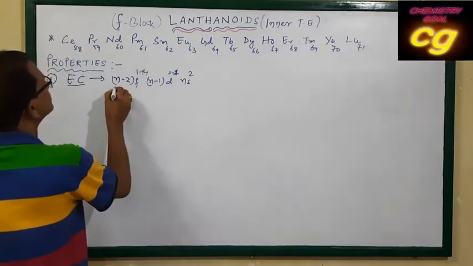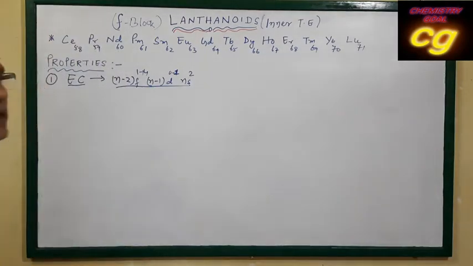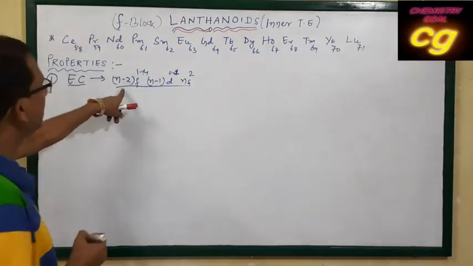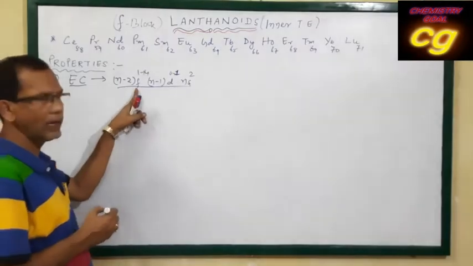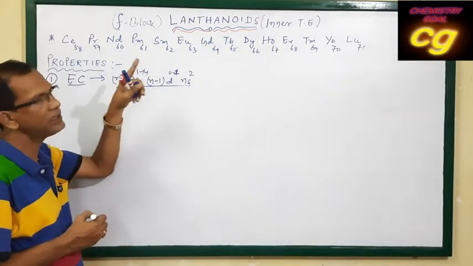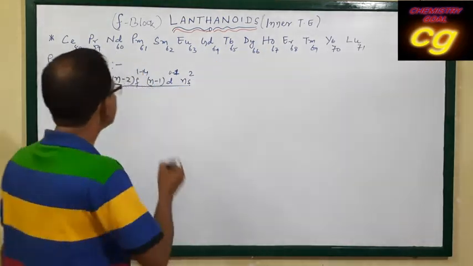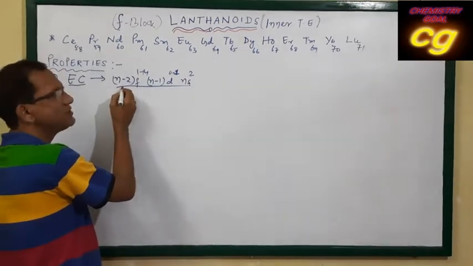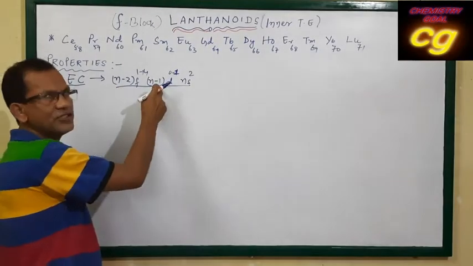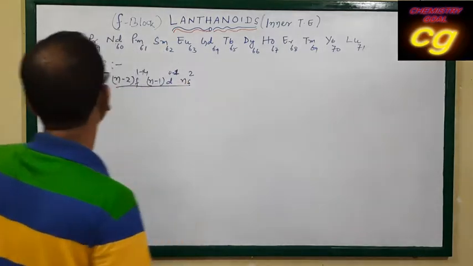This is the general outermost electronic configuration of lanthanoids. Here it shows the n-2f subshell is incomplete and the n-1d subshell is also incomplete. That's why it is called inner transition elements, as the shell is one lower than in transition elements.